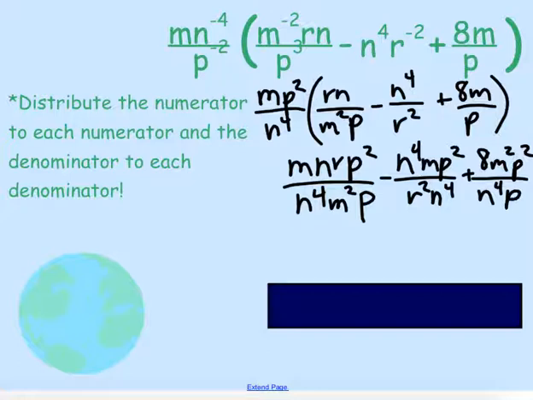And there's some things that we can simplify here. Let's go term by term. And in the first I see some n's in common, m's in common, and p's in common. So I can simplify, and I'll get rid of some of these.